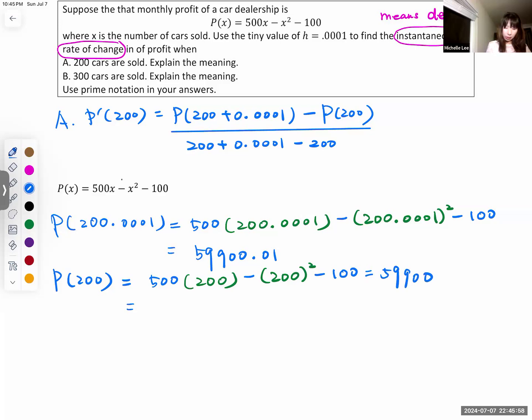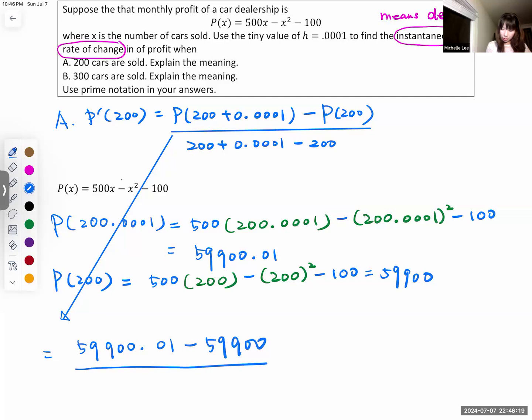All right, so then this will be 59,900.01 minus 59,900 all over 0.0001.